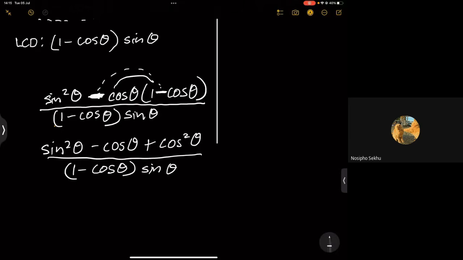What do you notice there? There's an identity. Ah, beautiful stuff. Tell us. The sine squared theta plus the cos squared theta will give us 1. Correct. So it'll be 1 minus cos theta over 1 minus cos theta.